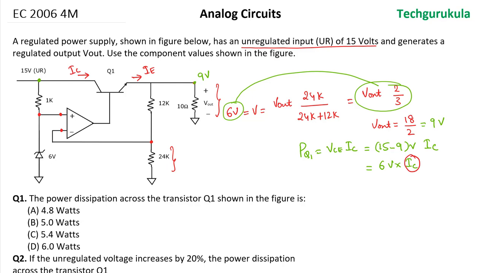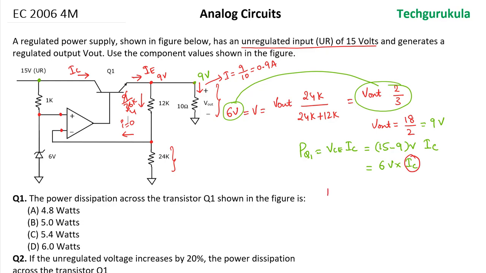Now, in order to find IE, we know the current that will flow through this 10 ohms resistor. This current will be equal to 9 volts divided by 10 ohms, which will be 0.9 amperes. Now, if you look at the current that flows through this one, because we know the current taken as the input by the op-amp will be 0, and the voltage here also is 9 volts, the current flowing through this will be equal to 9 volts divided by 36 kilo ohms, which will be 1/4 milliamperes.